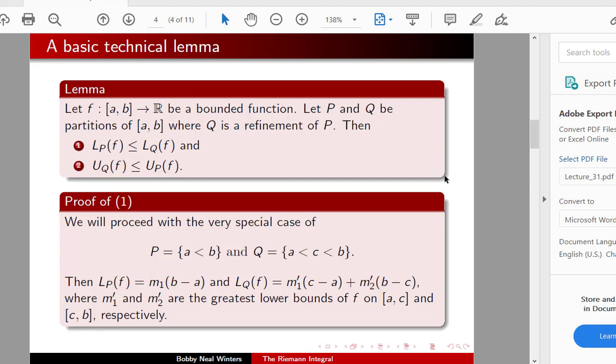So refinements of lower sums get bigger. And two, U_Q(f) is less than or equal to U_P(f), which is, refinements of upper sums get smaller.